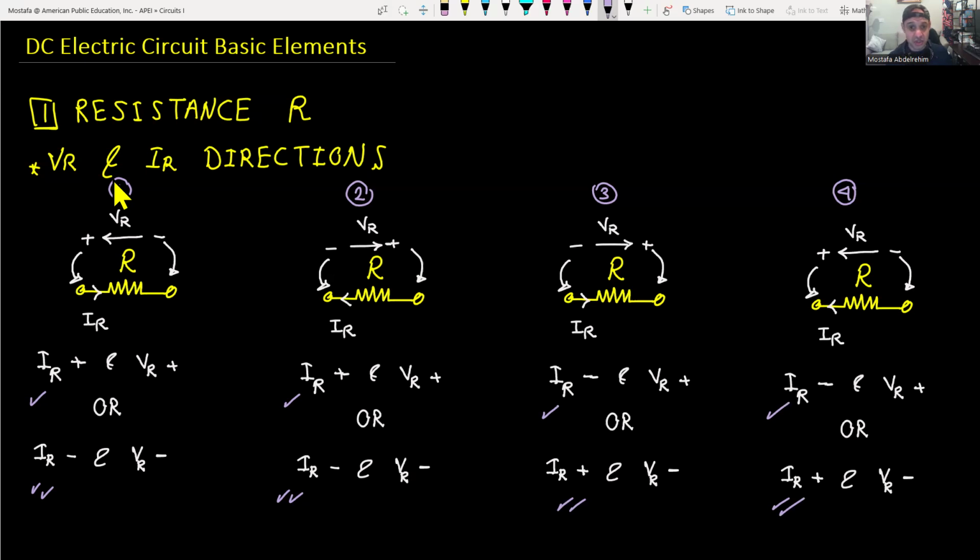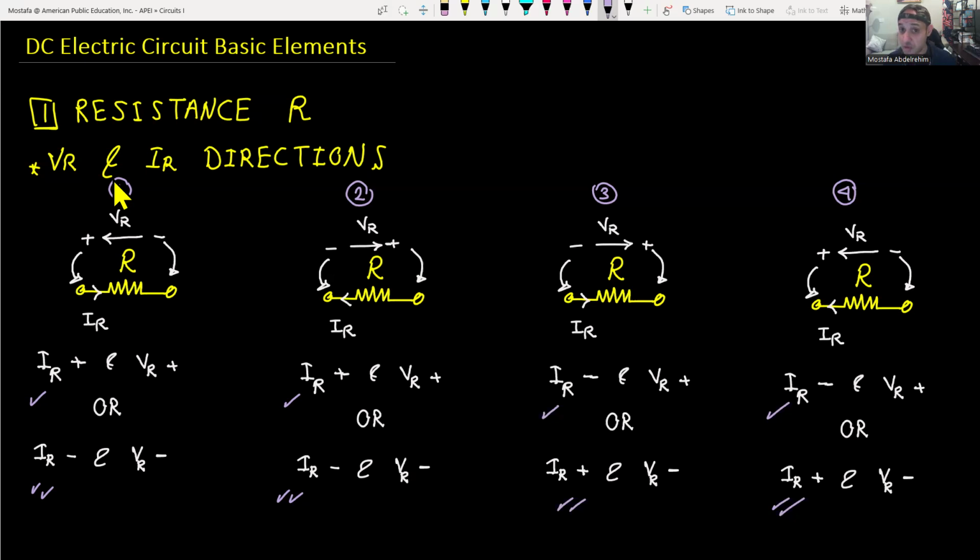So either both have the same direction but opposite sign, or both have opposite direction and the same sign. You can memorize it as: same direction, different sign; different direction, same sign.